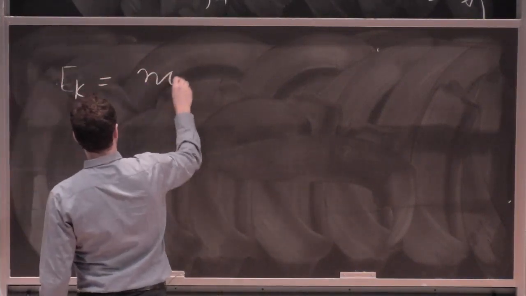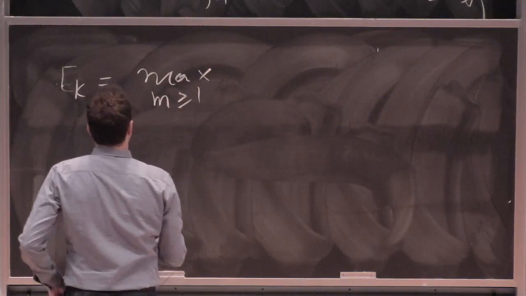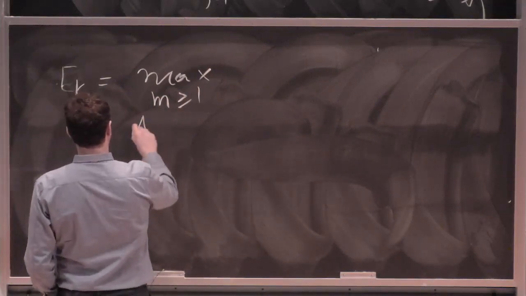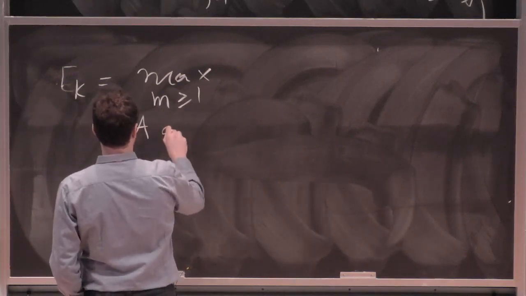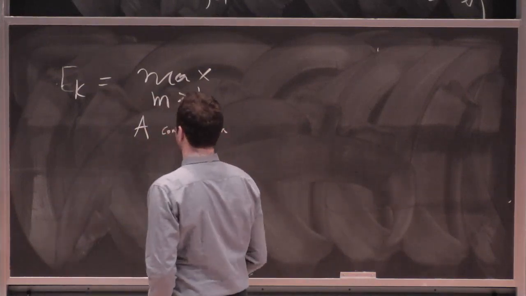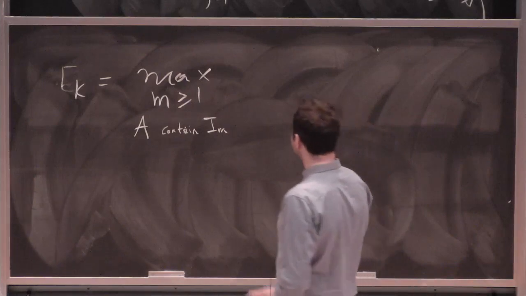Should be the maximum over all m and all these matrices A that contain I_m, the m by m identity matrix.